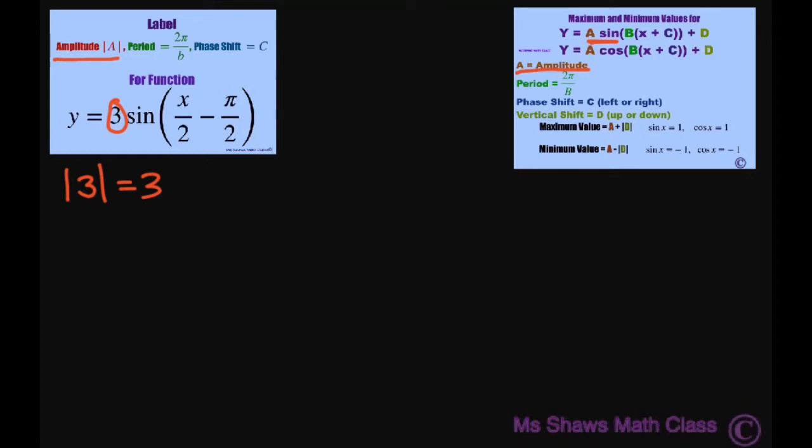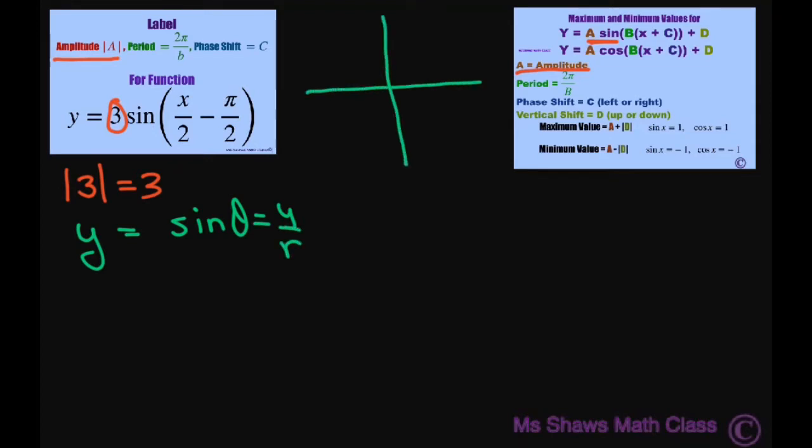And the reason it's absolute value is you just take your normal function, y equals sine of theta. We know that equals y divided by r. And so on a unit circle, your r is 1, right? So on the unit circle, the r is 1, your radius is always positive.